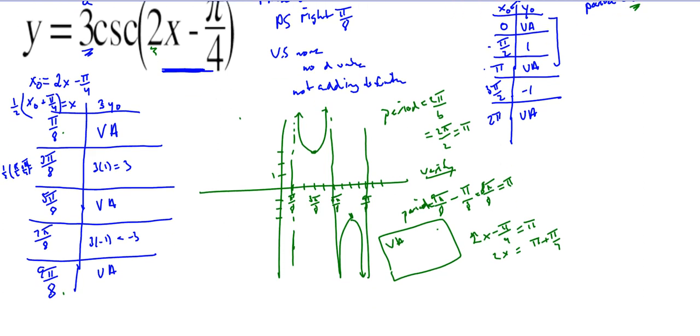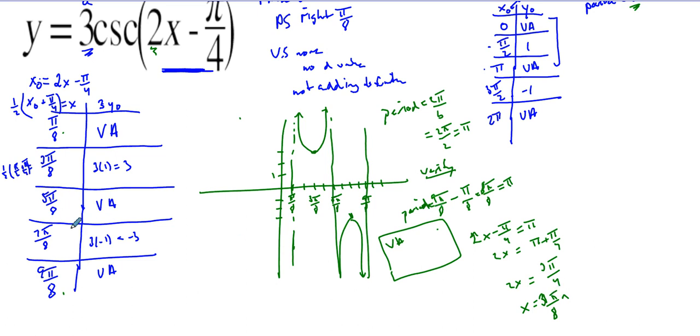By going through this little process, we'll see we have 3 pi over 4, and that's going to equal 2x. Then we divide by 2, and we have 3 pi over 8. That makes sense. And so every n of 3 pi over 8, that's where we get our values. So every multiple of that.